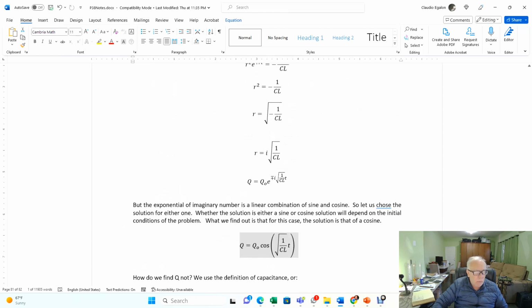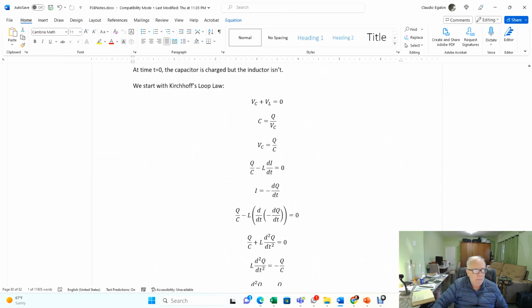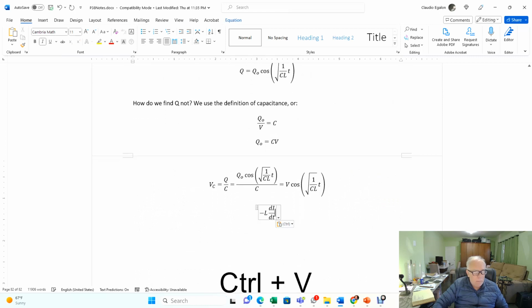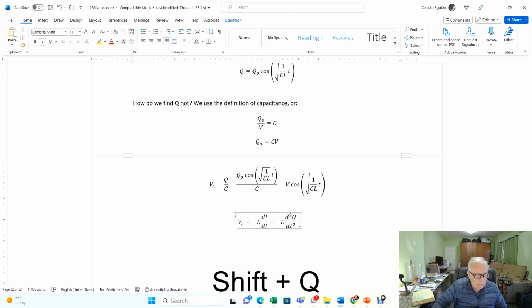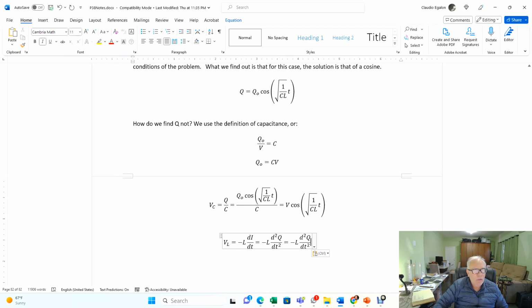If we do it for the VL, going back here for the VL, V sub L, that's my V sub L, which ends up being the second derivative of Q. When we differentiate the Q twice, we get a cosine.